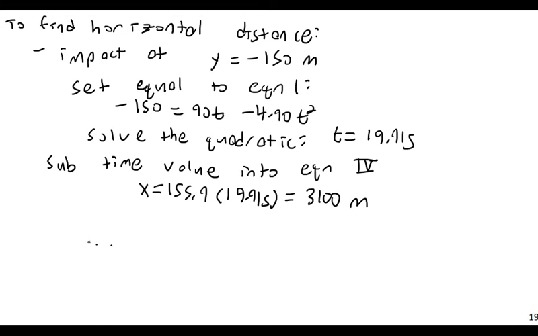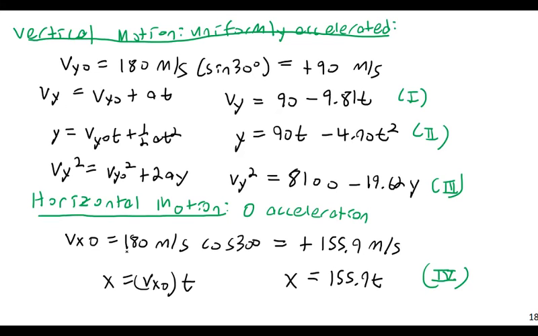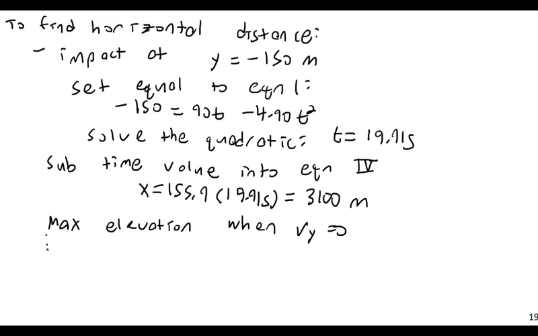And then maximum elevation is when Vy is equal to 0. So I can simply look at the Vy equation, which was equation, this one here, equation 1. So I can say 0 equals 8,100.